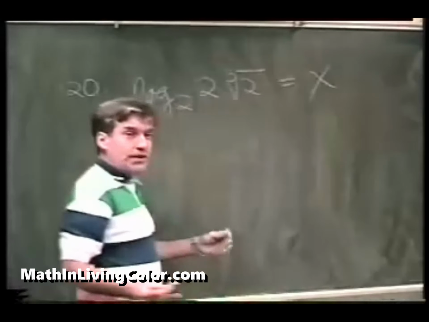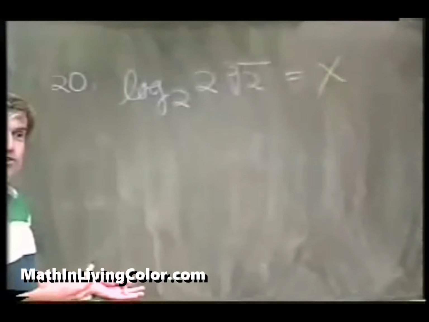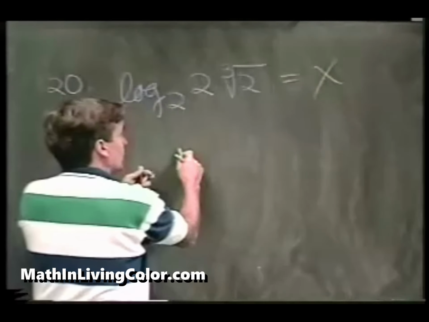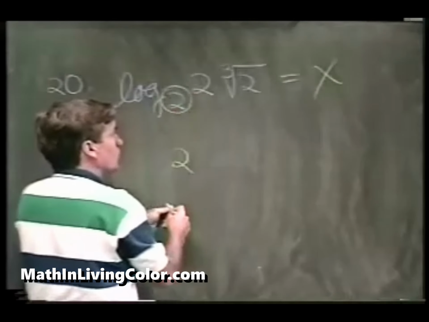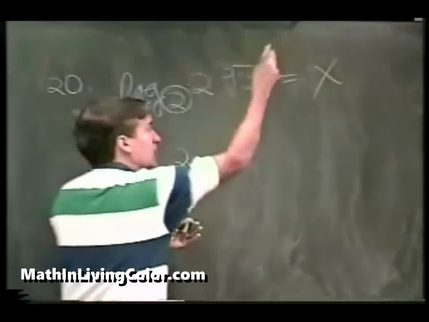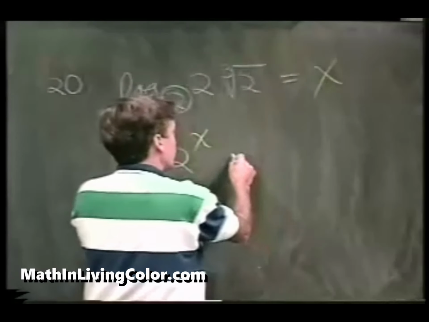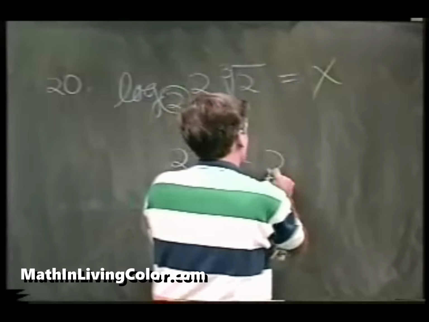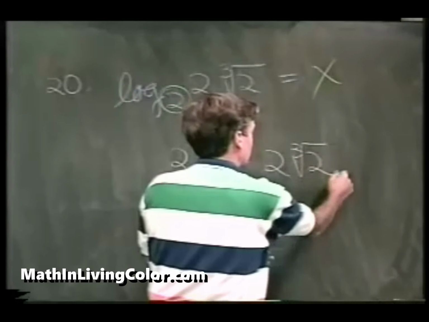And you don't speak logarithmic, so you change it over to exponential notation. Okay, so what would that be? The base number would be 2. Right, there's 2, raised to the x power equals 2 times the cube root of 2.